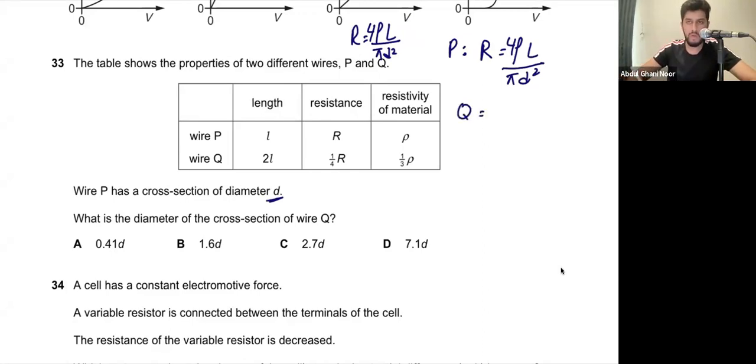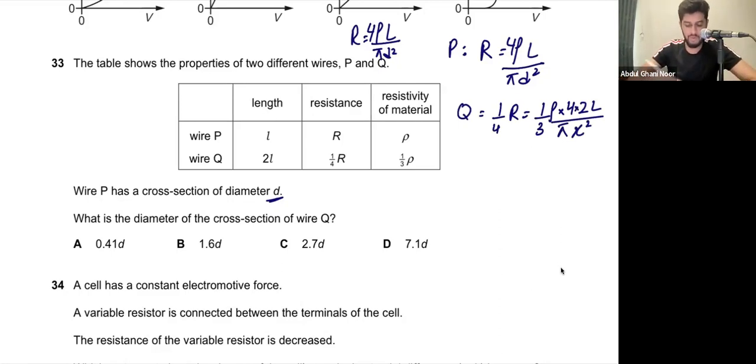For Q, let's make the equation. The resistance is 1 upon 4 R. The resistivity is 1 upon 3 rho. You have 4 as it is. The length is 2L and 4 into 2L. And the diameter is unknown, so let's write it as pi x squared.